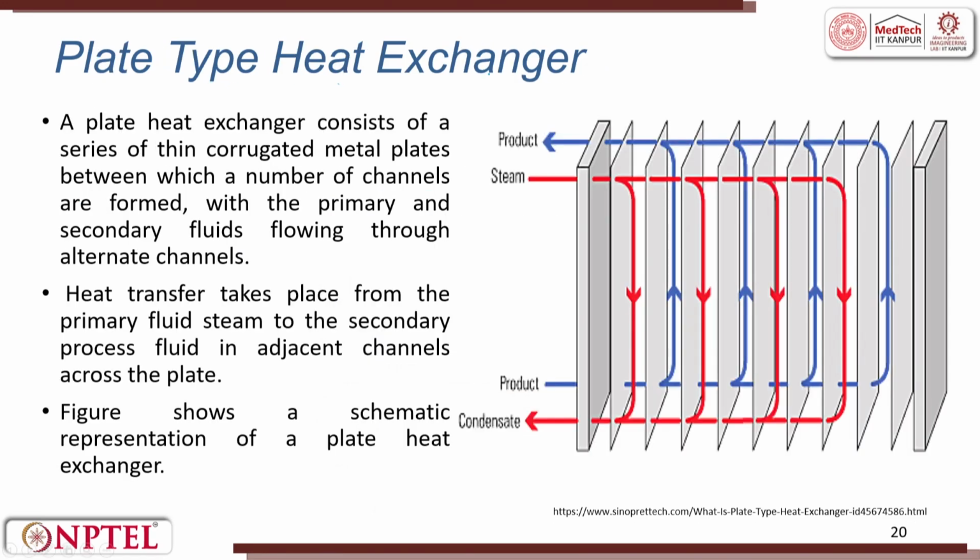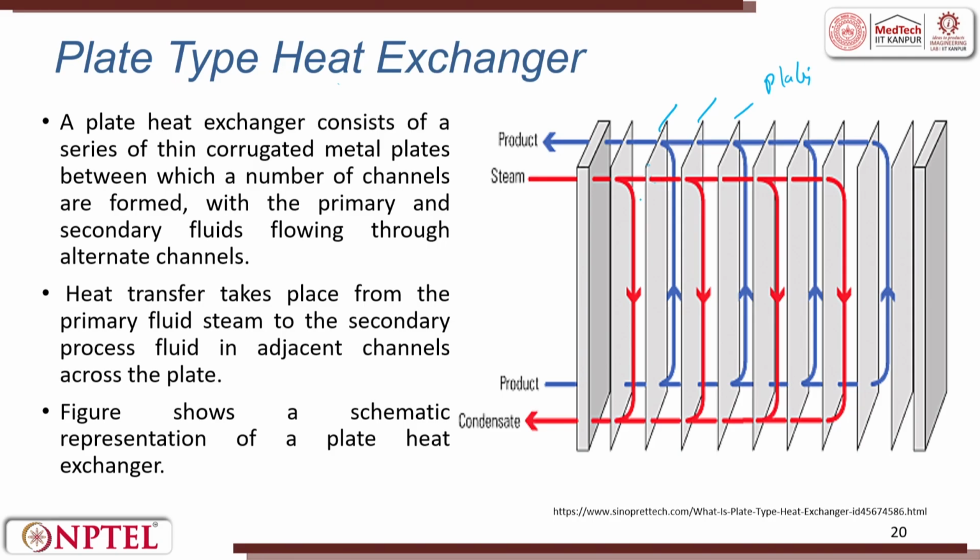Plate type heat exchanger. You can see these plate type heat exchangers in room heaters, which we use during winter days. A plate type heat exchanger consists of a series of thin corrugated metal plates. So, these are plates, and these plates are all corrugated.